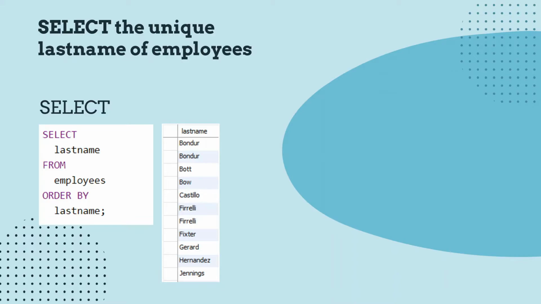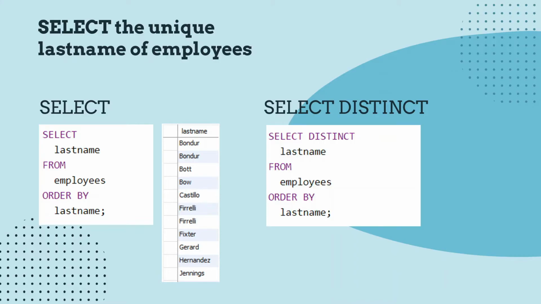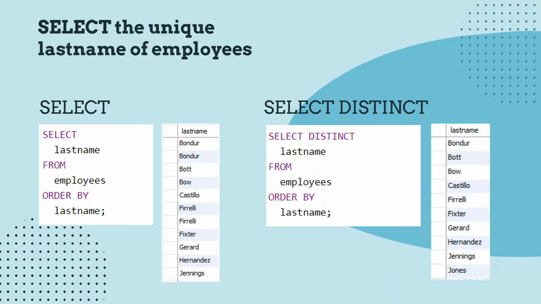If we want to remove the duplicate last name, we can use distinct clause in the select statement like this image. Select distinct last name from employees and then order by last name. Now we will get the result as unique values only like this picture. So we will get Firrelli just 1, and also for the others.